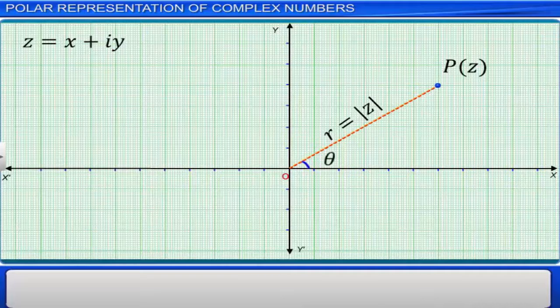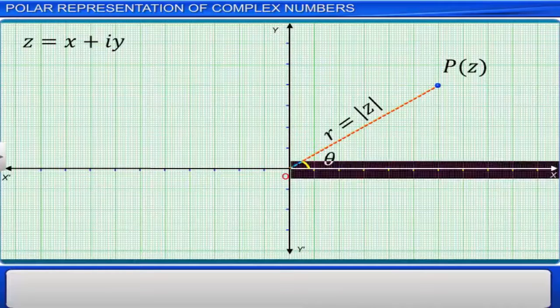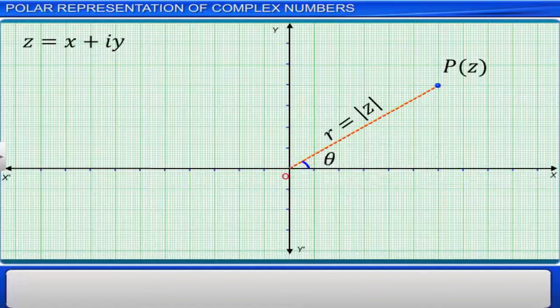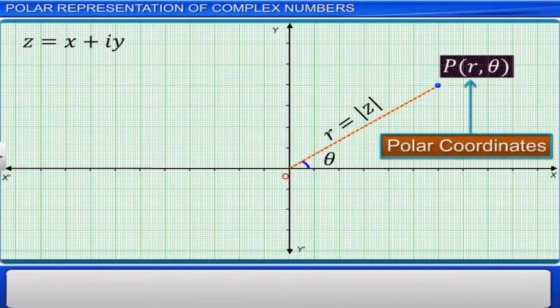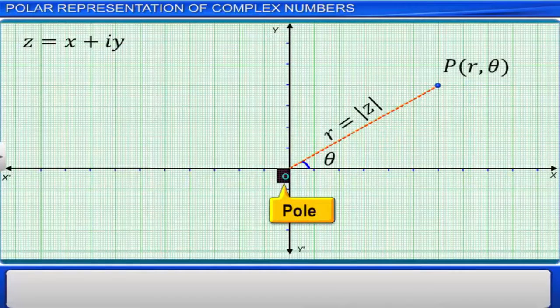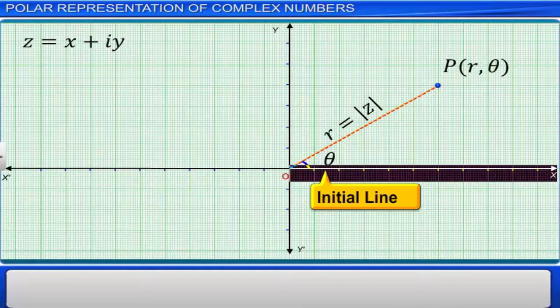Let theta be the angle that OP makes with the positive direction of the x-axis. The complex number z can also be uniquely located in the xy plane by the ordered pair of real numbers (r, theta). The coordinates (r, theta) are called the polar coordinates of point P. The origin is considered as the pole, and the positive direction of the x-axis is called the initial line.